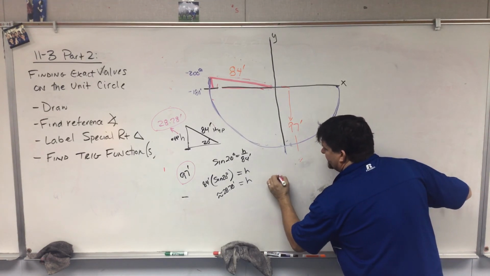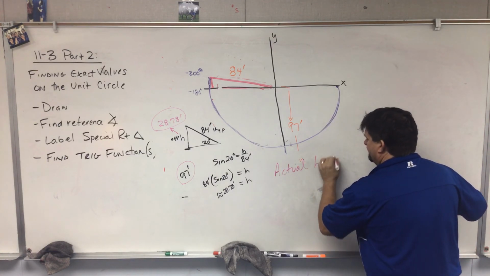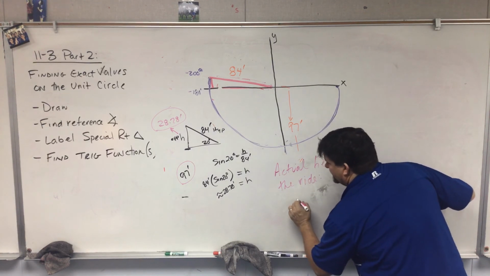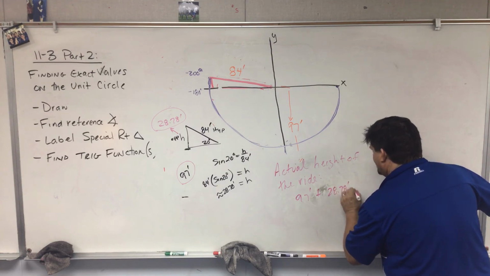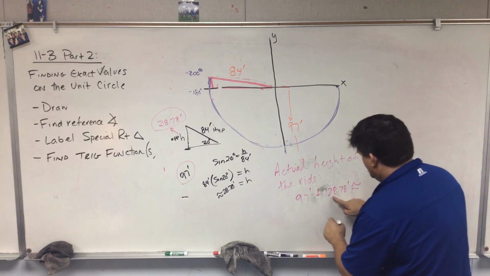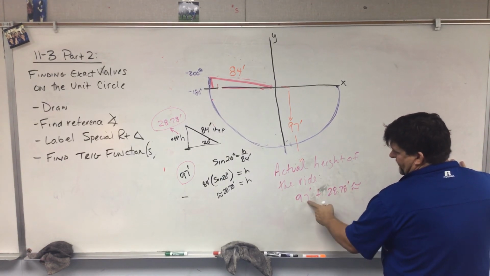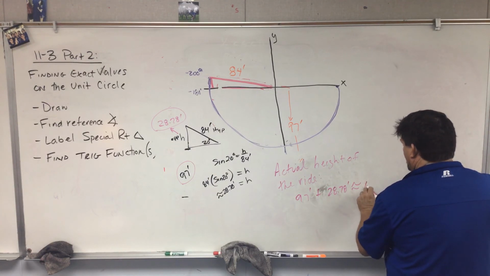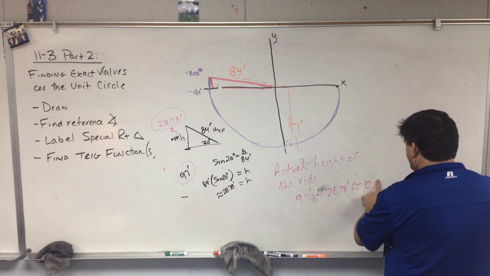So my actual height of the ride is 97 feet plus 28.78 feet, approximately 125.78 feet.